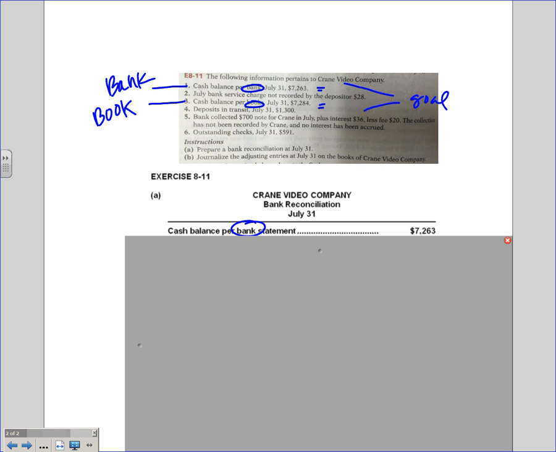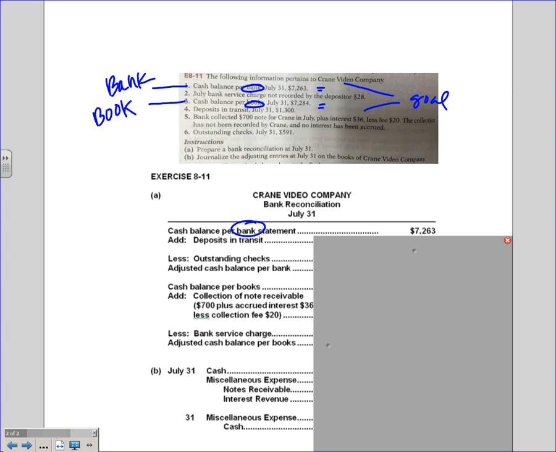Now go down to line 7. So here's line 1, here's line 7. Don't write all that other stuff on there. But on line 7, write cash balance per books. We're going to do all that other stuff in a minute. Just go down to line 7 and write cash balance per books.